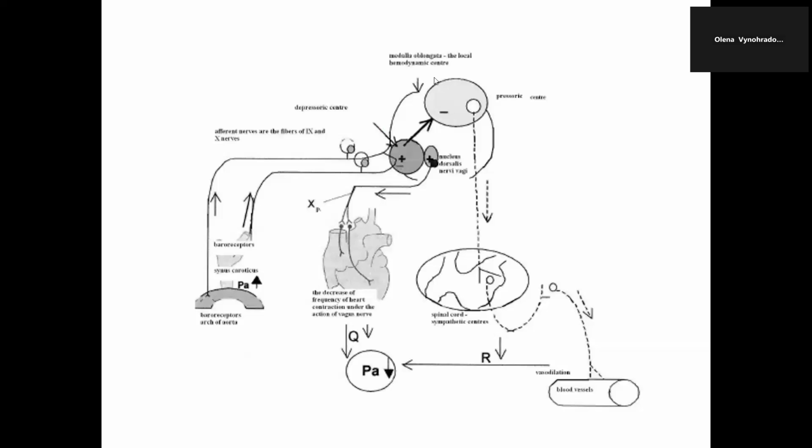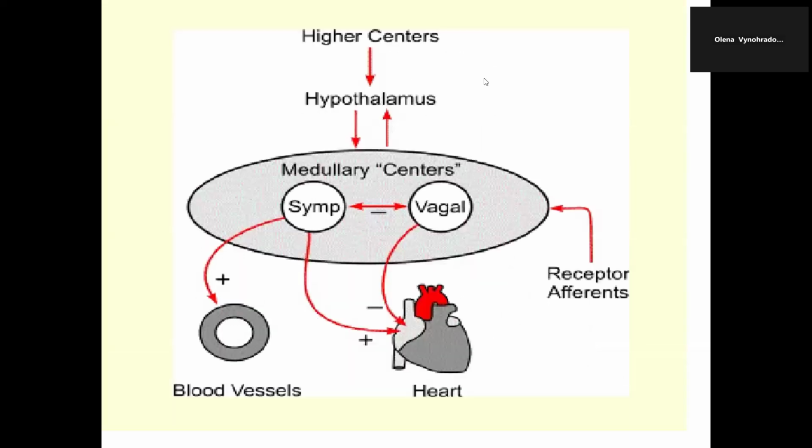Let's start from depressoric reflexes. It works in the following way. Higher centers like our brain cortex are able to influence our hypothalamus. The hypothalamus influences the sympathetic and parasympathetic system.